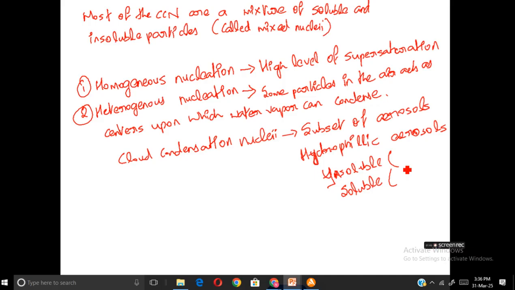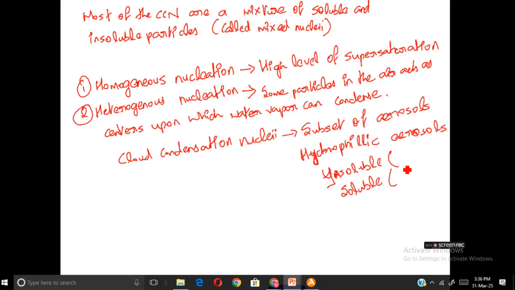As an example that I told, at 1% supersaturation, if the particle is insoluble, then the particle size should be at least 0.1 micrometer for cloud formation to occur, whereas if the particle is soluble, even at that same level of supersaturation, with a particle size of 0.01 micrometer, the condensation can occur. So it is easier if there are hydrophilic soluble aerosols present in the atmosphere for the formation of clouds.